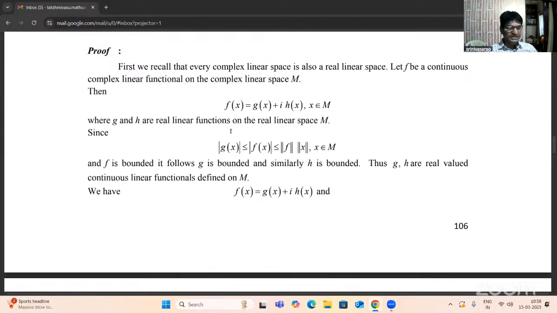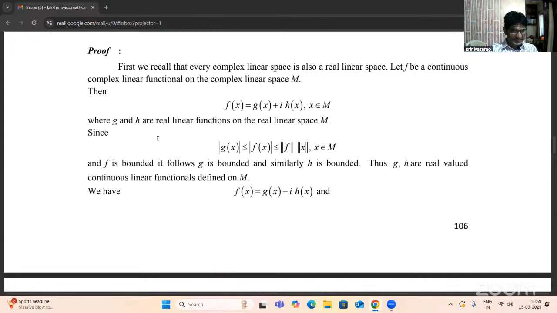So mod g of x cannot exceed mod f of x, and is less than or equal to norm f into norm x, where x belongs to M. So given the function is bounded. Now in the examination, particularly for real linear space, you must answer only for real linear space, and don't write the complex linear space. Okay.